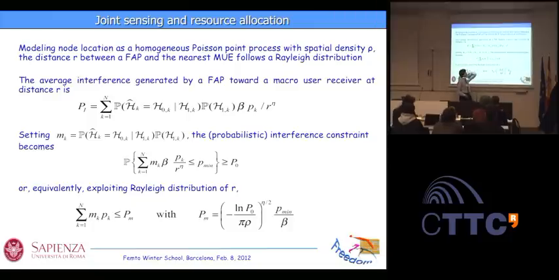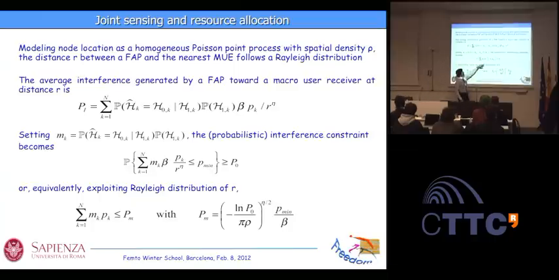What we say here is that we want the probability that the received power will be less than the threshold at the receiver to be very high, so that we are confident that we are not going to generate interference. We express this confidence through a probability. So if we set this probability pretty high, let's say 90%, we might say that with 90% probability, the interference that I generate towards my nearest macro user will be very low for him, or her, for the macro user. Okay?